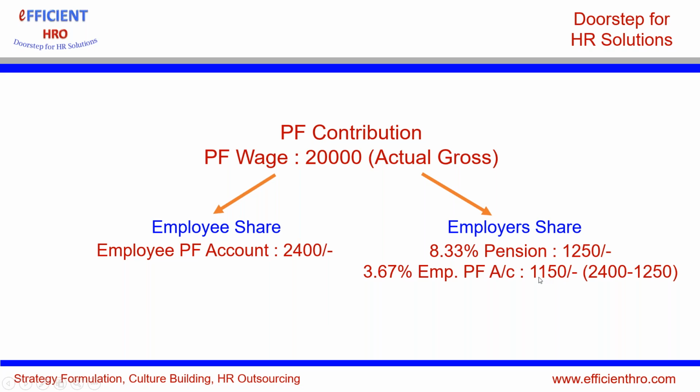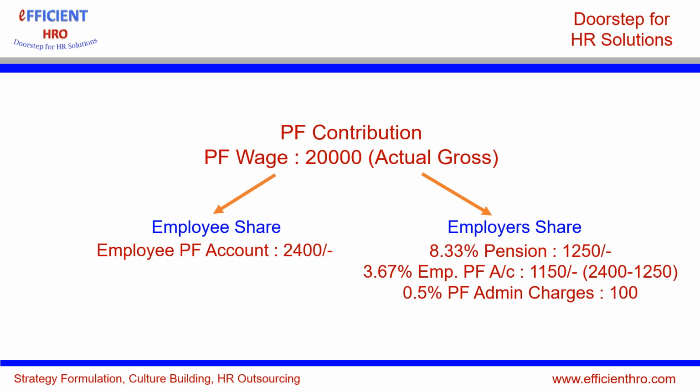So here the employer share will be 1150. This 1150 will go to the employee's PF account only. So that is this 2,400 plus 1150. Both amounts will get credited into one single account, called the employee's provident fund account.